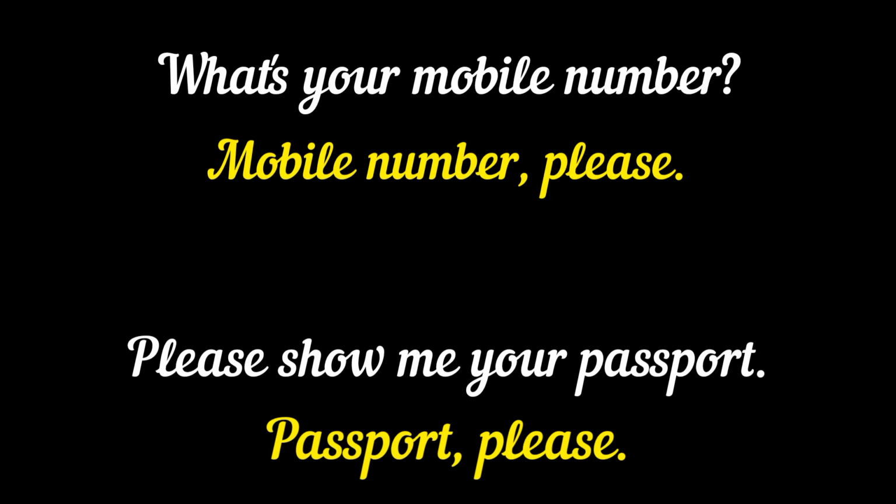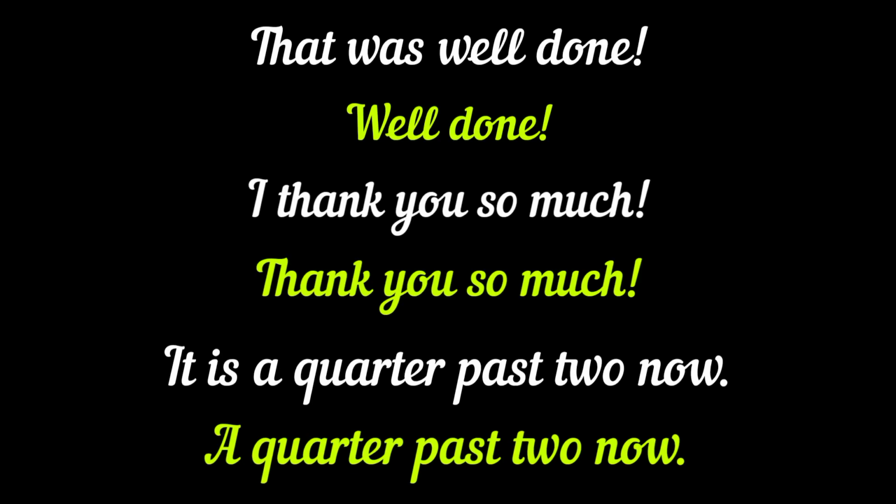For example, in written English, we say, "What's your mobile number?" But in spoken English, we use a verbless group of words. "Mobile number, please." And then in written English, if we say, "Please show me your passport," in spoken English, we may say, "Passport, please." Then the sentence "That was well done" in written English becomes "Well done" in spoken English.